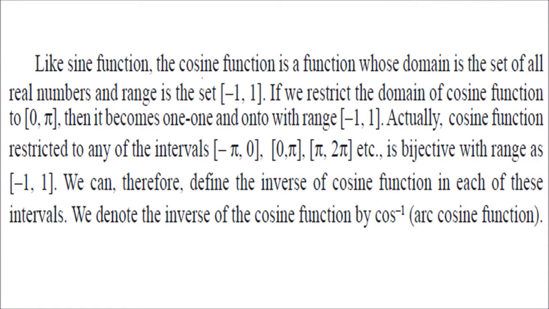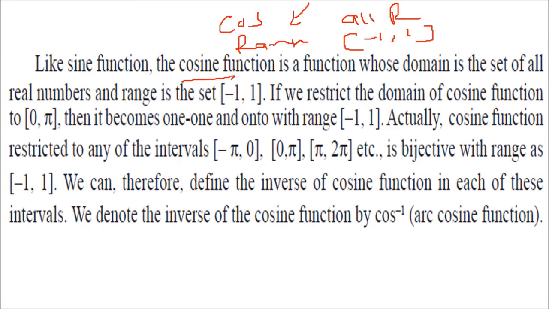Besides the sine function, we have the cosine function also. The cosine function also has the domain of all real numbers. The range of cosine is -1 to 1, similar to sine.